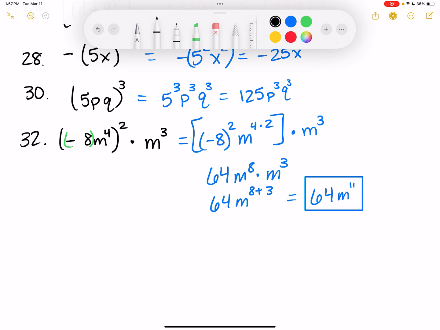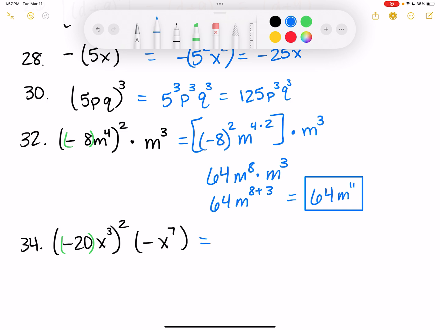All right, problem 34. In parentheses, negative 20 x cubed, all of that is squared, times negative x to the 7th. Again, I'm going to put my own parentheses around negative 20 so that I pay attention to that negative sign.